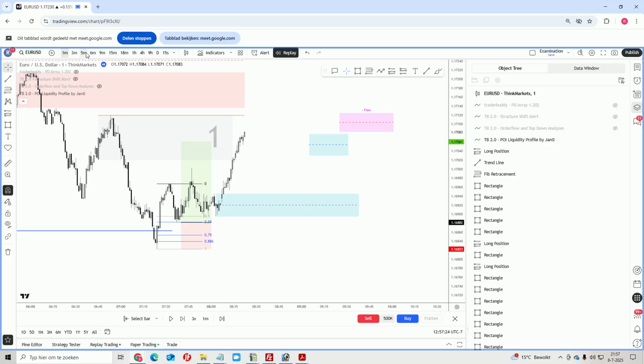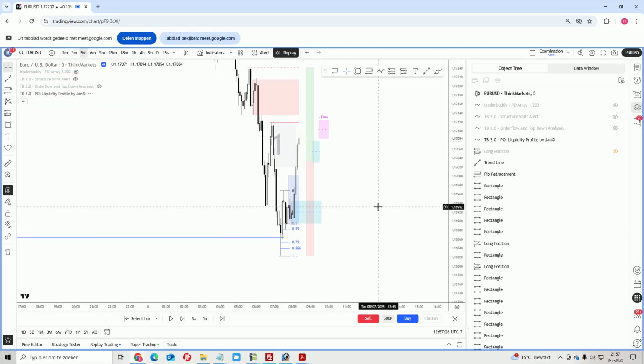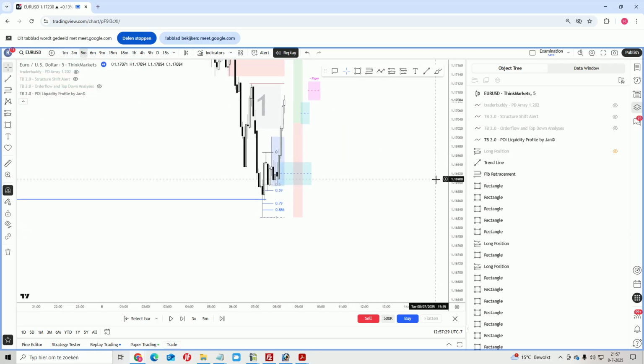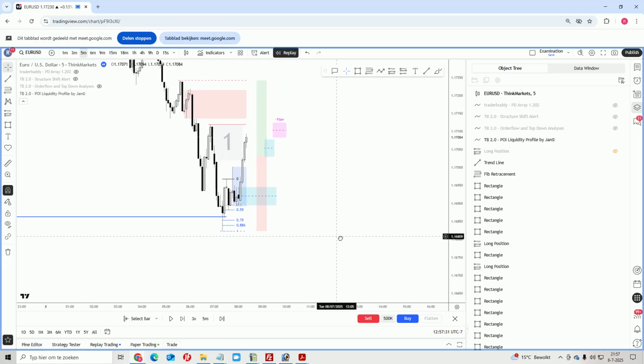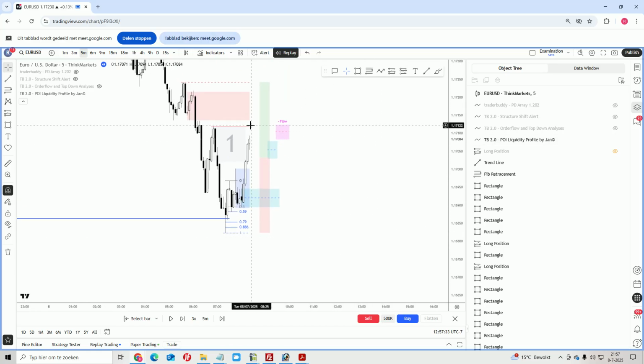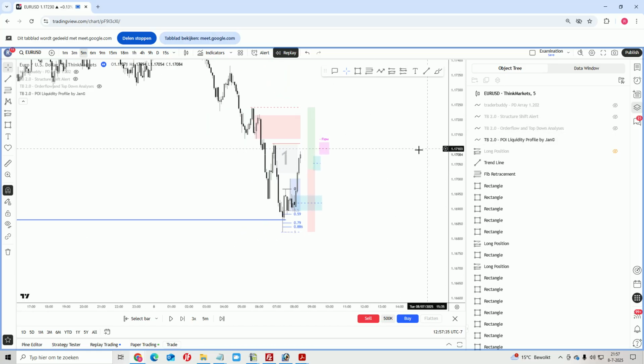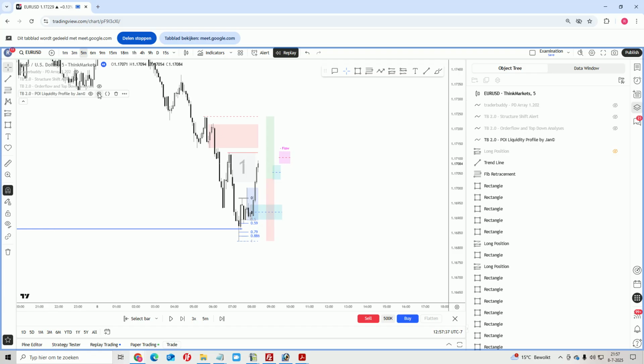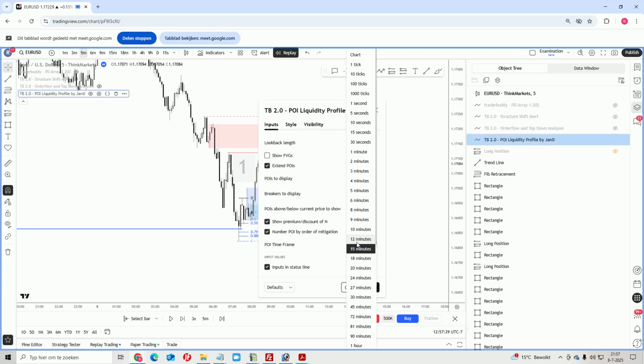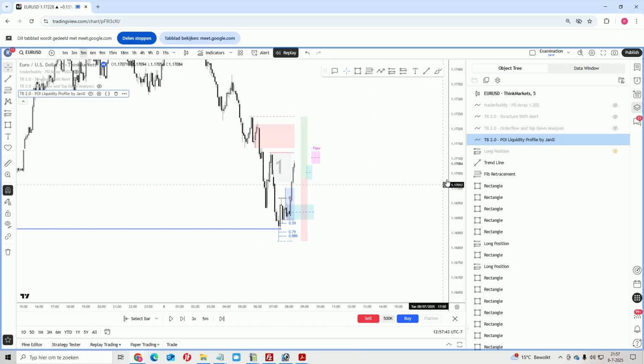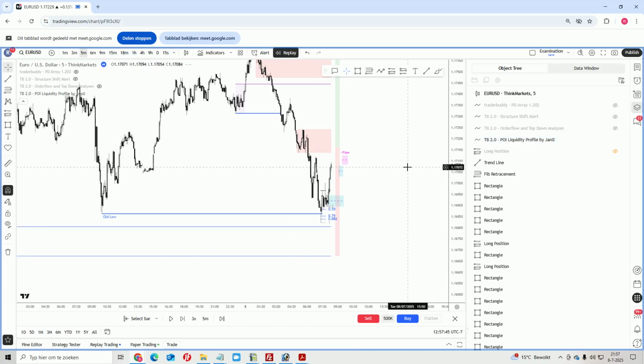And now if you go to the 5 minute, because we do not only trade the 1 minute, and we take the 1 hour PD arrays.